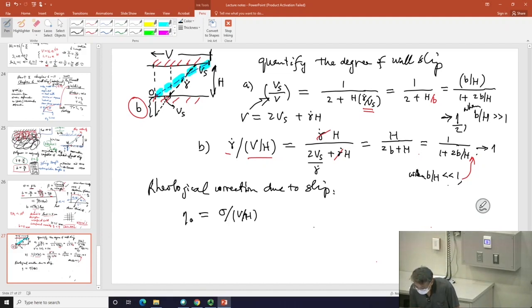So you will get an apparent viscosity, and you will find the true viscosity. You will find your experiment is in error, because you know your stress is produced by the true shear rate, gamma dot, times the viscosity of the material.